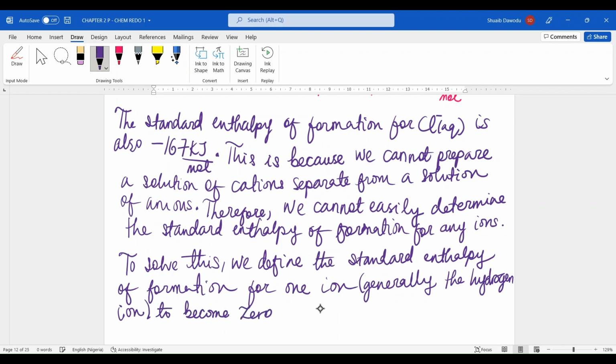So what this is saying is that we're going to fix the standard enthalpy of formation for one of the ions, usually the H plus ion, to become 0.